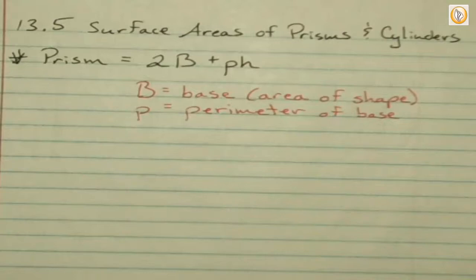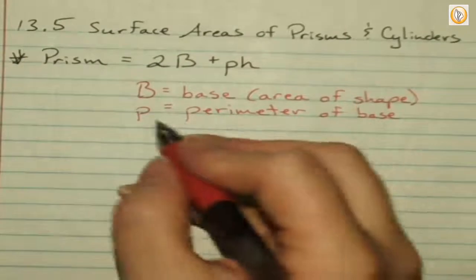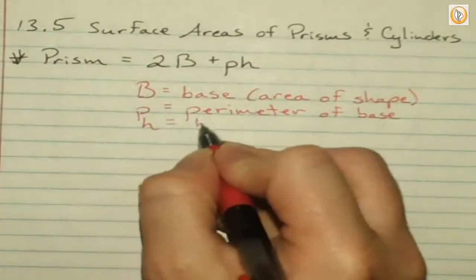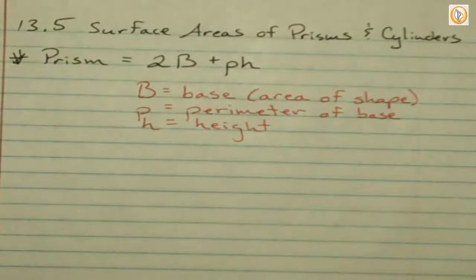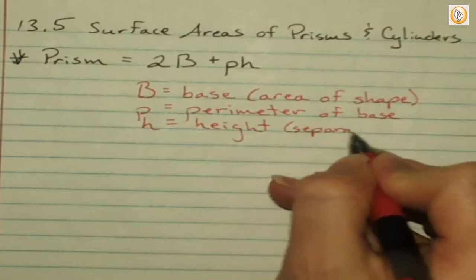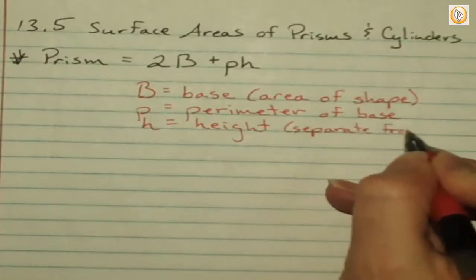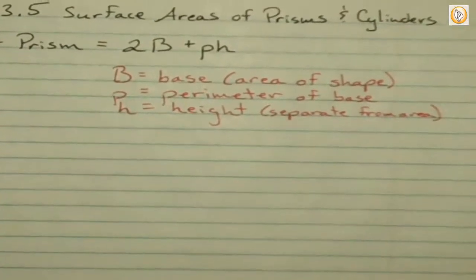Perimeter, you just add the 3 sides together. Do y'all see that? Okay, and then H, of course, is your height. That is separate from the area. That's just the height of the actual shape.